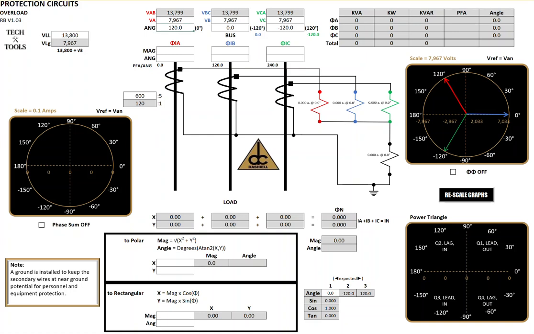One other helpful thing is if you look at it this way, this is what we call a clockwise rotation.